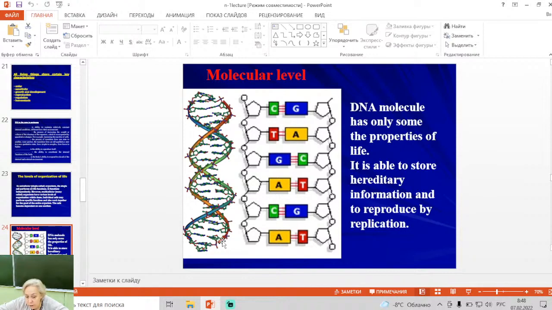You must remember that the DNA molecule consists of two chains, and each chain consists of nucleotides. Each nucleotide includes three parts: phosphate group, sugar deoxyribose, and nitrogenous base. But the structure of the DNA molecule we will study next lecture.